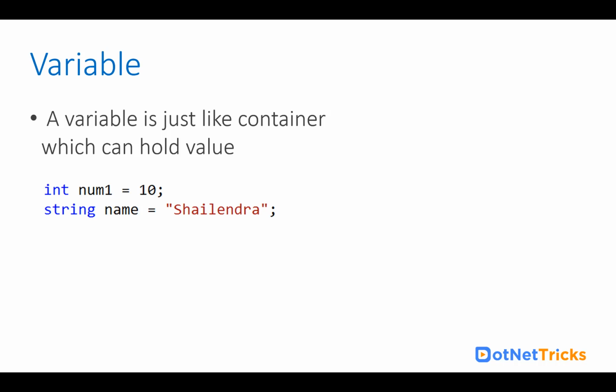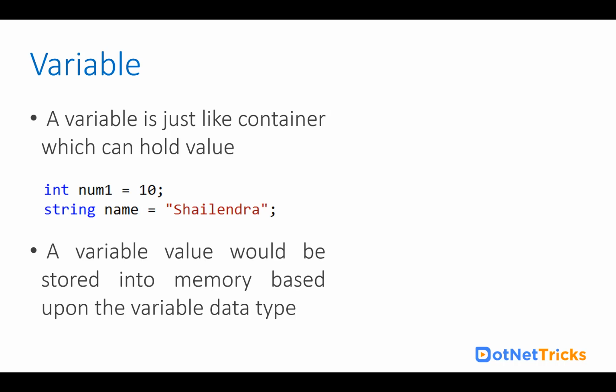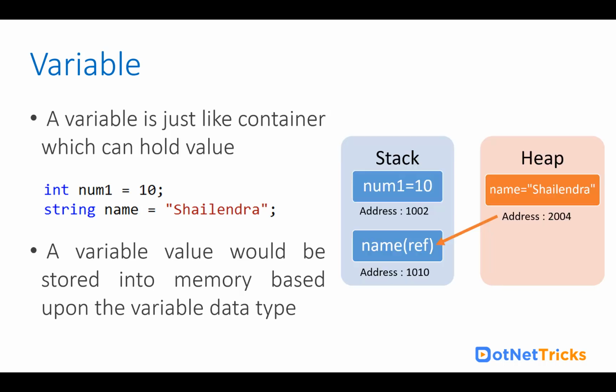All the string type values we can hold in this name variable, and the variable would be stored in the memory based upon the variable data type. Whatever data type we have given to that variable, based upon that it is going to be stored in memory.